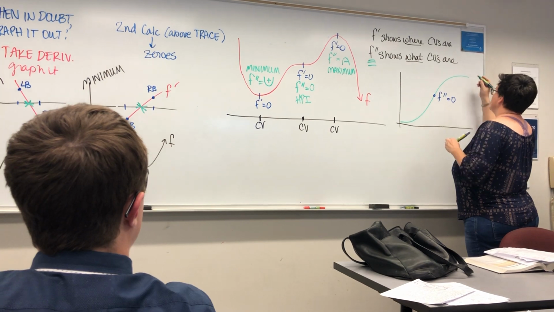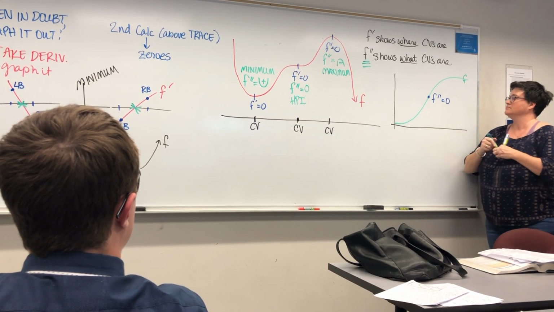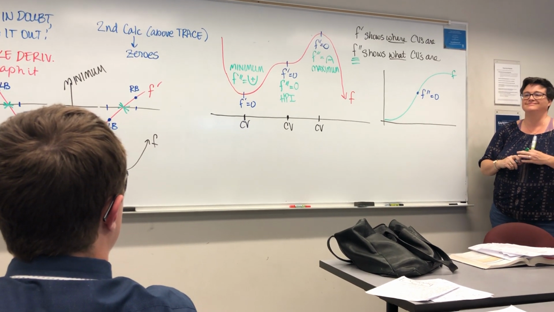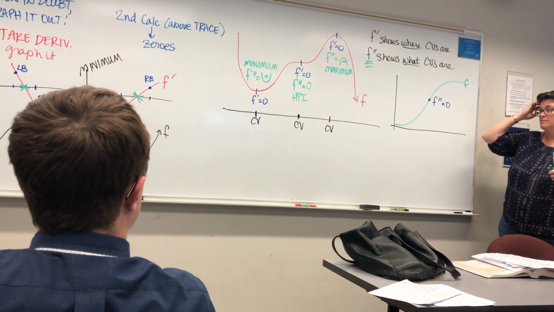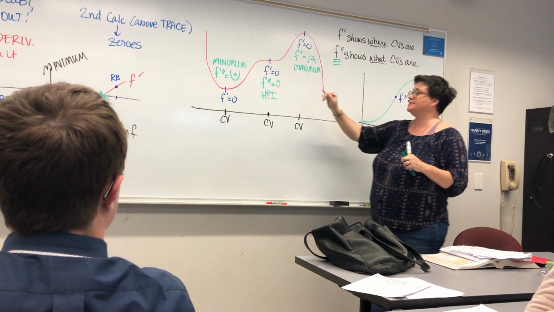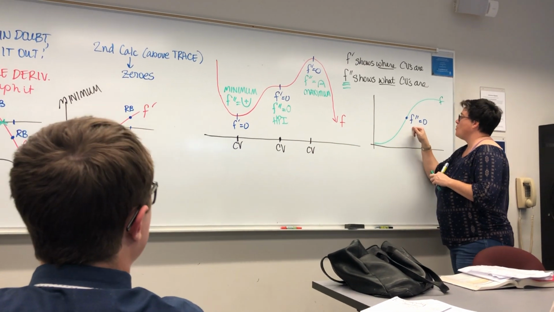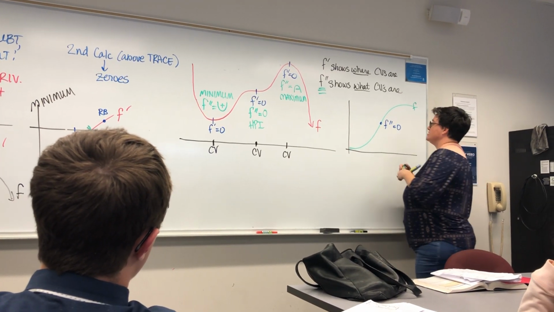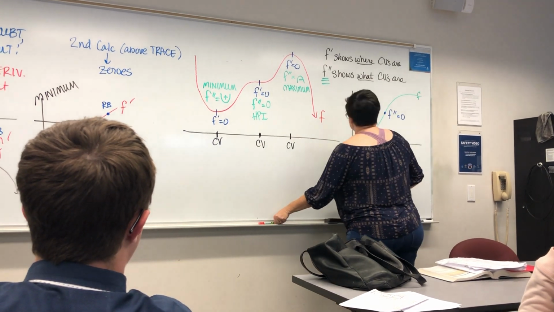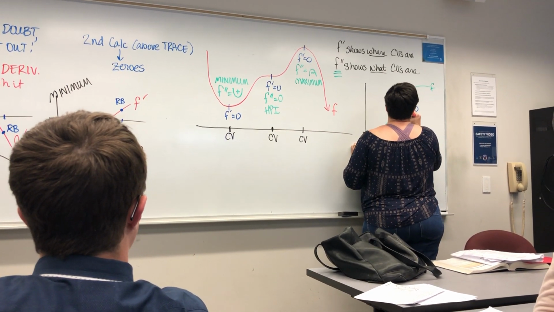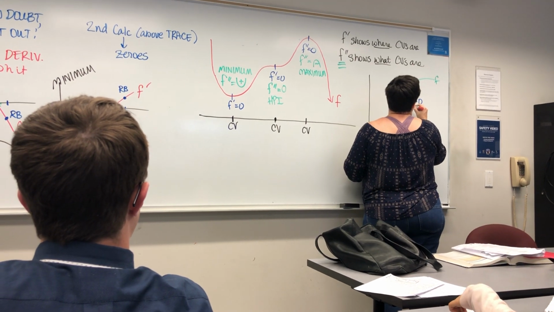But is the slope 0 there? No, it's not. So there's two places where concavity can be 0: an HPI or the point of diminishing returns, which is another type of inflection point.